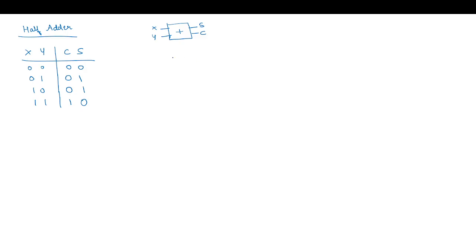So the expression S is equal to x y bar plus x bar y, and carry is x y. So the circuit diagram: x and y are the inputs, sum and carry are the outputs.